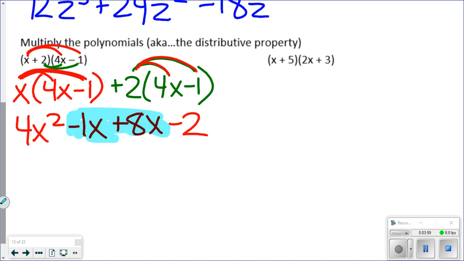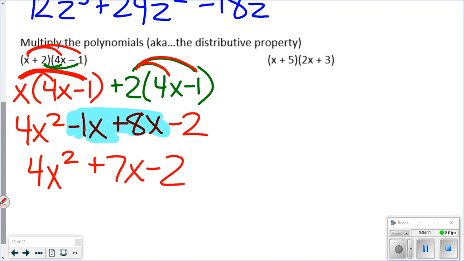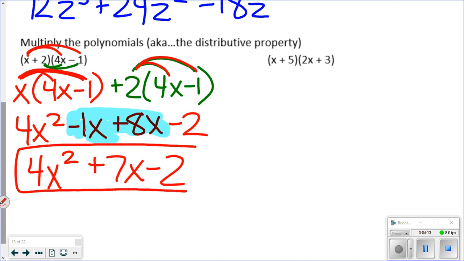So these two x's in the middle, we need to add them together. So 4x squared, negative 1x plus 8x, and then leave the minus 2. So again, we multiplied a binomial times a binomial, and our answer here is a trinomial. Now, if you're saying to yourself right now, I already prefer the box method, I'm going to stick with it, that's totally fine.